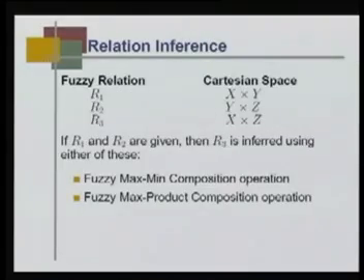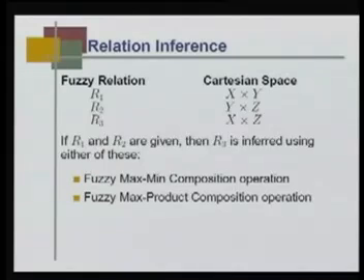So, now we learnt what a relation is, what a projection is, and how to go from projection to extension. Now we will talk about how, just like in crisp relations, given two relations, a third relation can be inferred through the composition rule, max-min as well as max-product. They are equally valid for fuzzy relations as well.